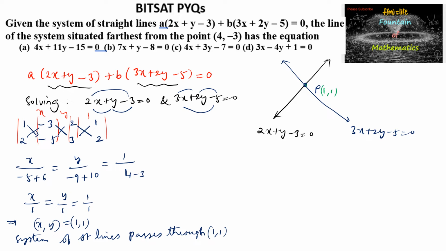And now we need to find the line equation which is situated farthest from the point 4 comma minus 3. So whatever the line is, it is also passing through the point 1 comma 1. Let us say this is our required line. This is a required line passing through 1 comma 1, but it is given that it's the farthest from the point 4 comma minus 3. So let us take 4 comma minus 3 somewhere here.